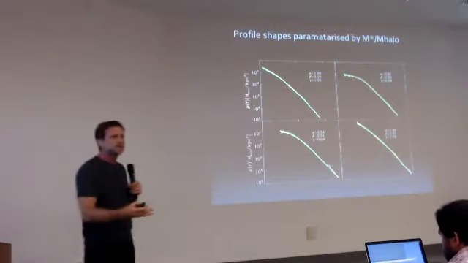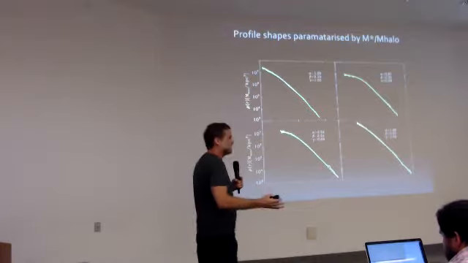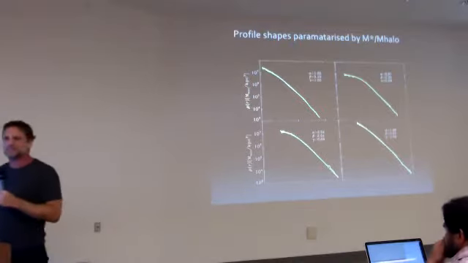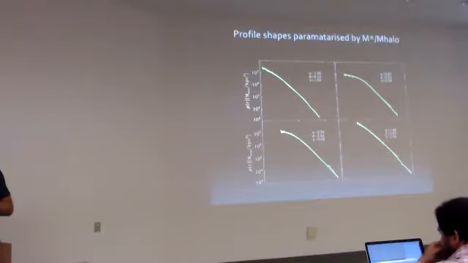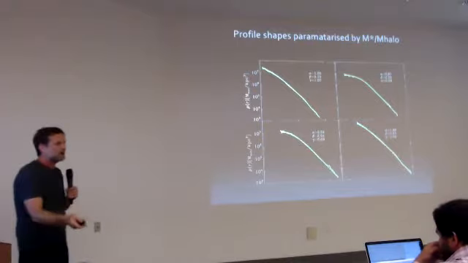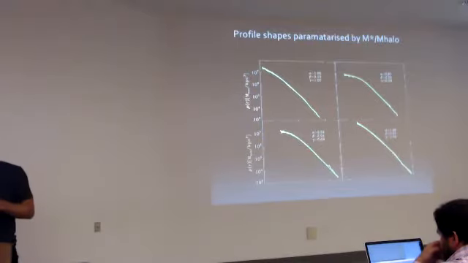So this is basically an NFW profile-like profile, but it has a mass dependence built in and it has the same number of free parameters. Because once you fix M star, you can do abundance matching, you've got M halo, and you're away, basically.